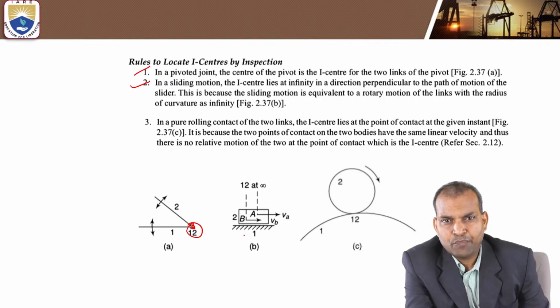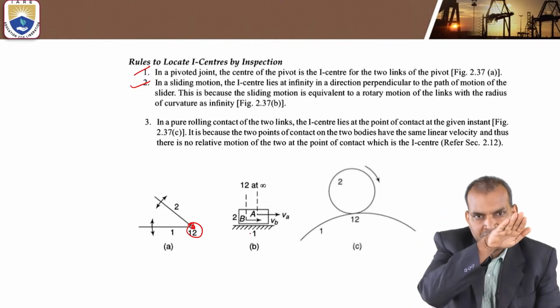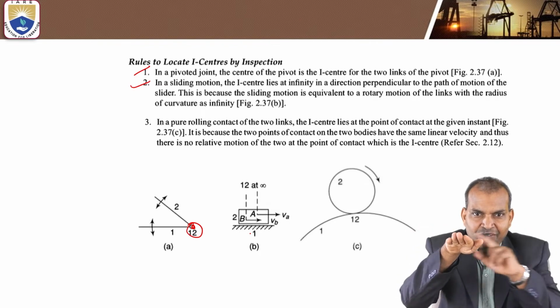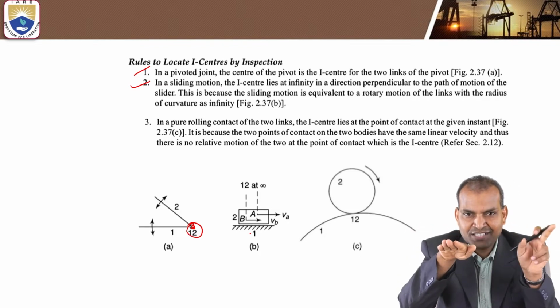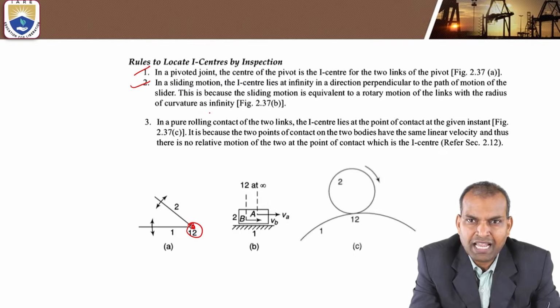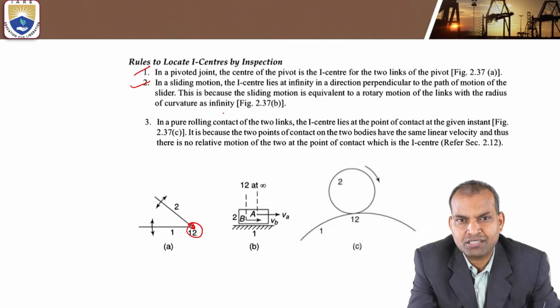Because the sliding motion is like a straight line, a horizontal motion. So what is the radius of a straight line? The radius of a straight line is infinity. So by using that concept, the I center of the linear motion of the components is at infinity.